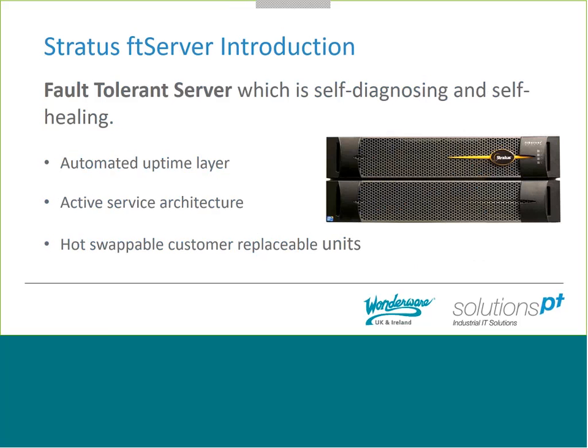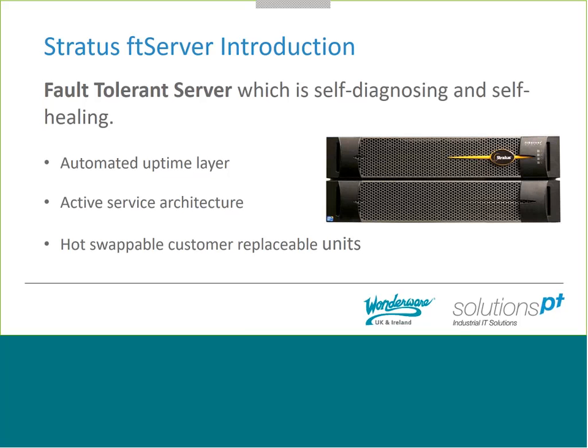So if the top slice, for instance, goes down, it's clever enough to dial home, so it'll talk to the Stratus support desk, it'll say, I've got a problem, and the next business day they will have a replacement slice out with you. Because they are hot swappable units, this new slice will turn up, and it's just a couple of thumb screws to replace it.